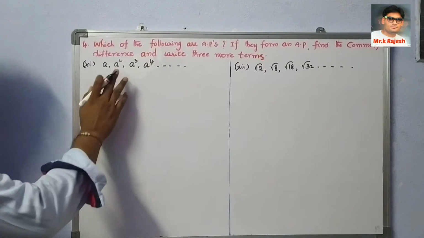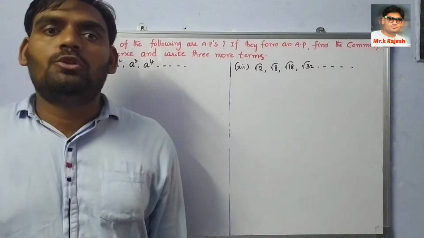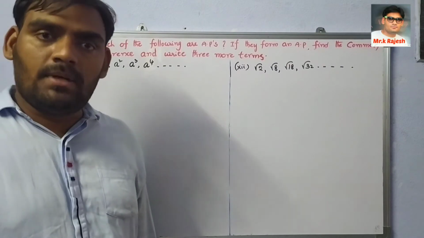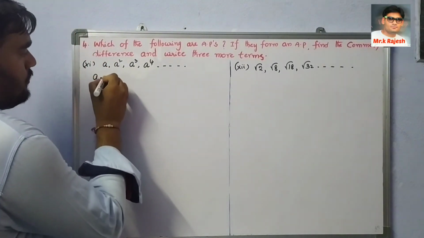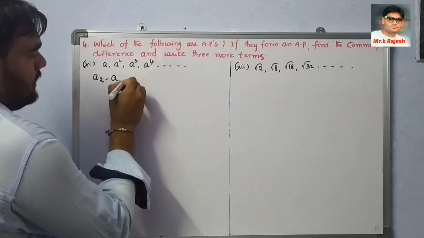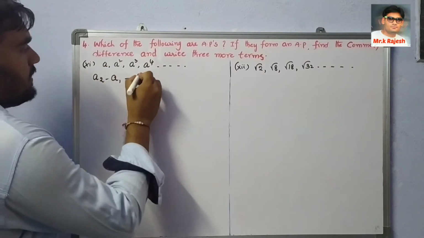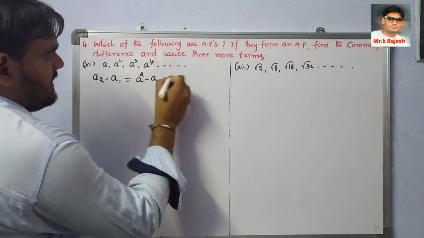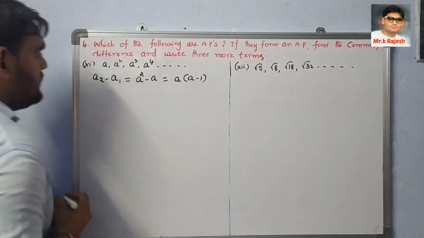So first of all, we need to find the common difference. That is, A2 minus A1 should be equal to A3 minus A2. So here, first A2 minus A1 is equal to a square minus a. This can be written as a into a minus 1.